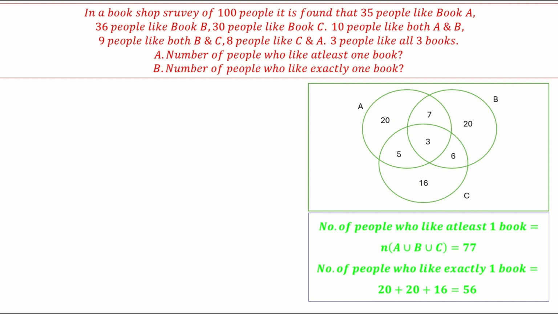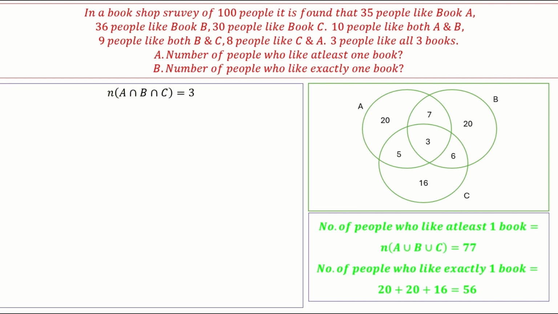So if it is a multiple choice question, or if there is no mention of how to solve the problem, you choose the Venn diagram method. If they ask you to solve it using properties of sets, then this is how you will do it. Number of elements in A intersection B intersection C, same thing, you will just put it in the properties. And number of elements in only A intersection C equals number of elements in A intersection C minus all three, right?